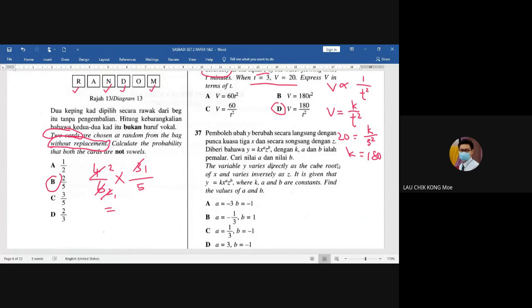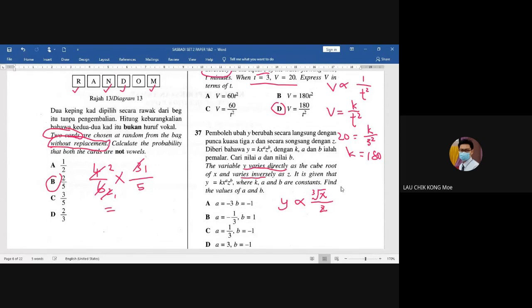Number 37. The variable y varies, just now inversely, now directly and also inversely. So this is a combined variation. So y varies directly as the cube root of x, and inversely as z.